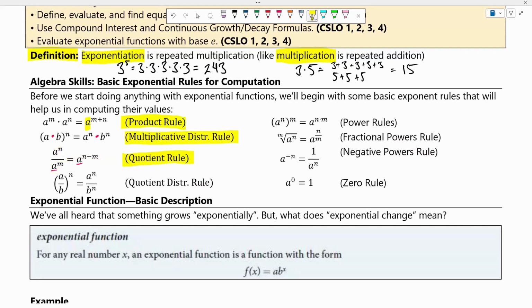Next one, the quotient distributive rule. Basically the same as the multiplicative distribution rule, except we have a fraction. So if you have A divided by B to some power n, then you can give the n to the top number and the bottom number, and you still keep the division, and everything still works out.